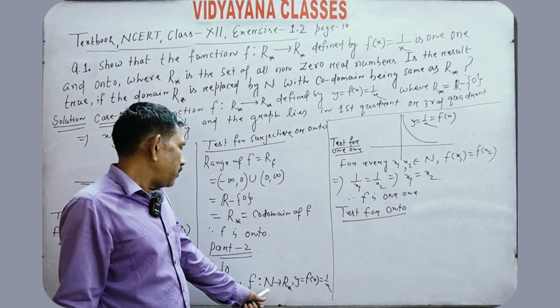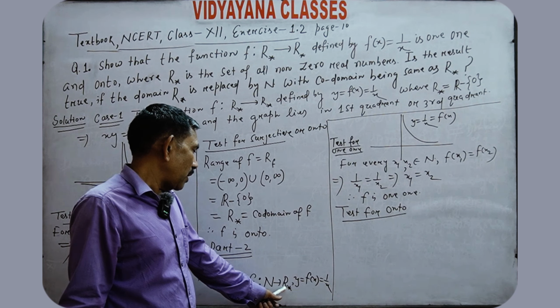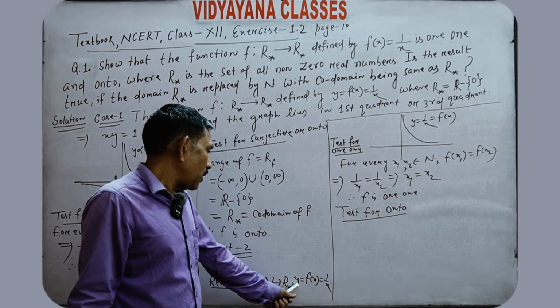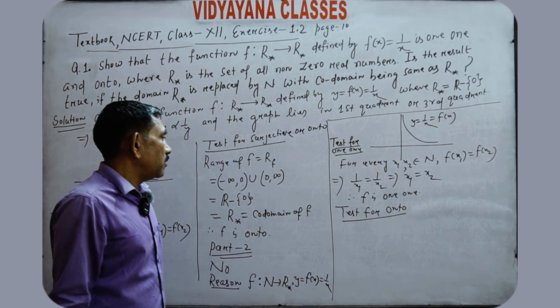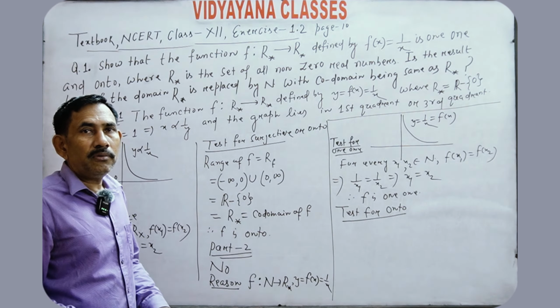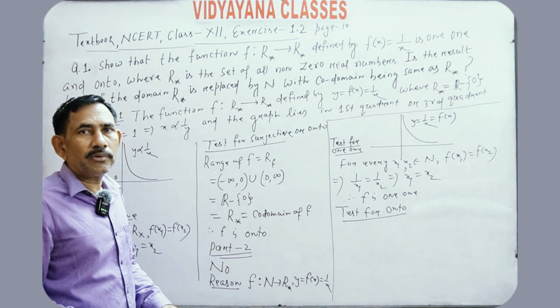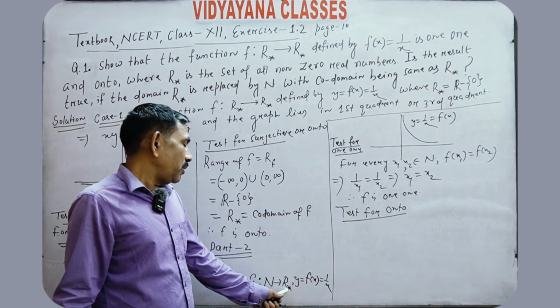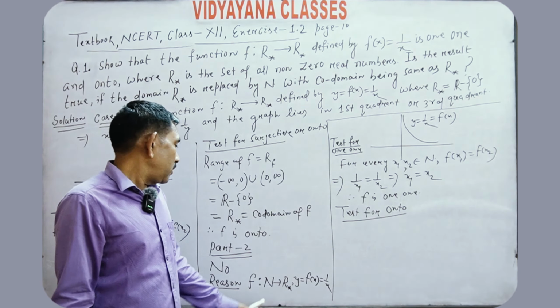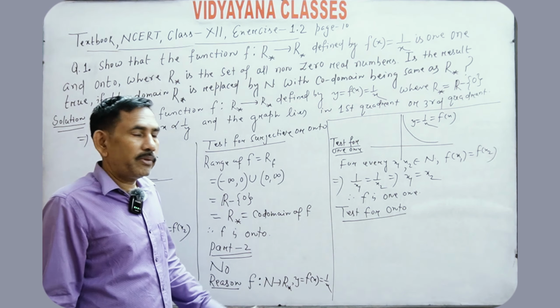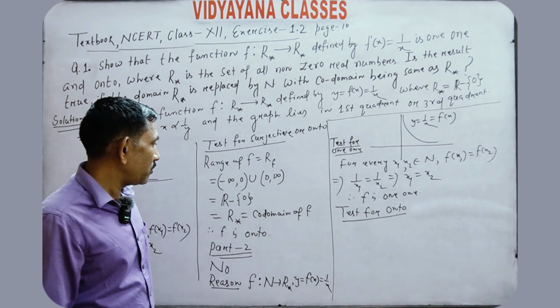f is the function defined from N to R star. y is equal to f(x) is equal to 1 by x. The function is said to be onto if for every y belongs to the codomain of f, there exists an element x belongs to the domain of f so that f(x) is equal to y.